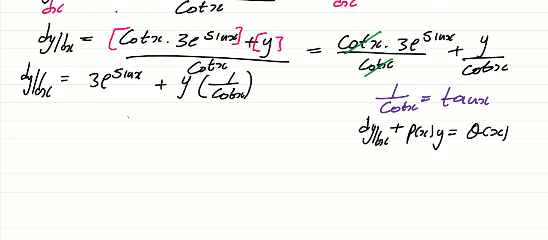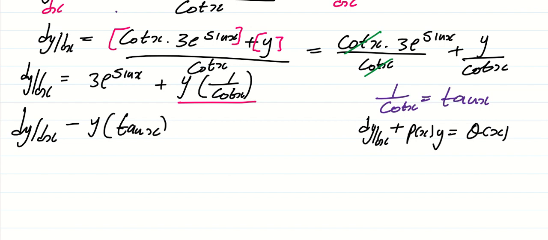As you can see, if I transpose that to the right hand side, I will have dy over dx minus y open bracket tan x. I already solved 1 over cot, which is tan x. Then you'll have 3e sine x.